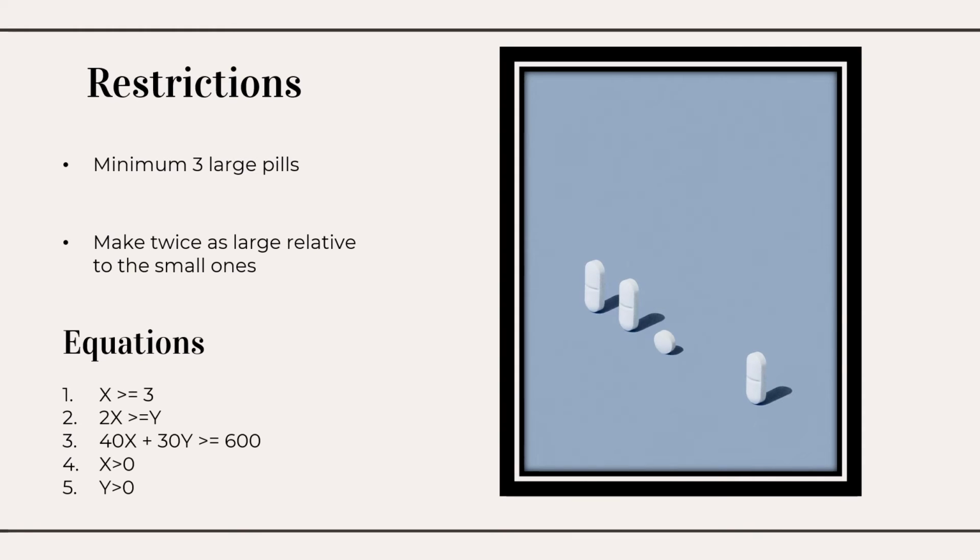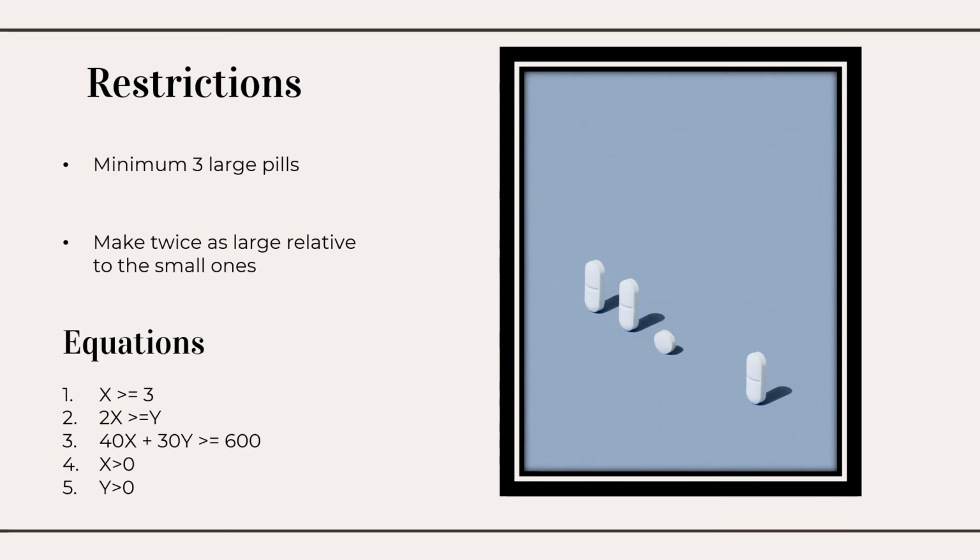The first restriction tells us that x must be greater than or equal to 3. The second restriction says 2x is greater than or equal to y, where it's necessary to substitute and place a point.